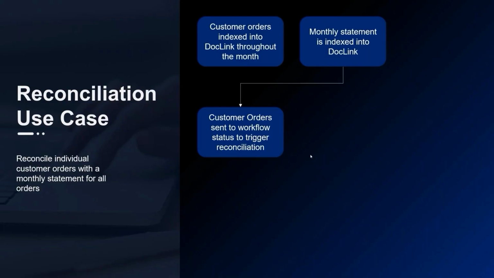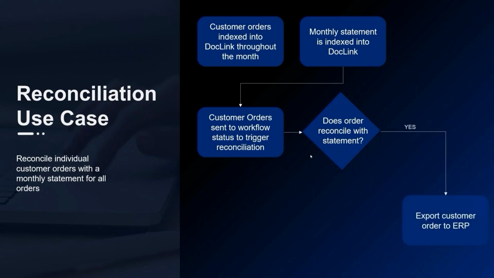It's moving through each of those customer orders, analyzing it. And the question it's trying to solve is, does the information on that customer order reconcile with the line for that order on the monthly statement?